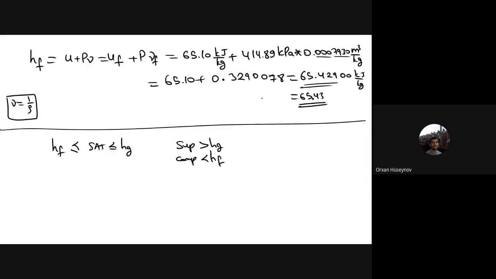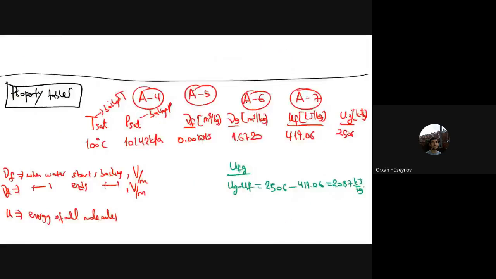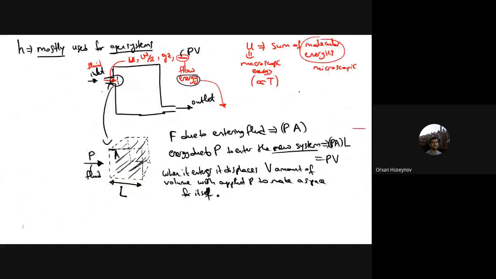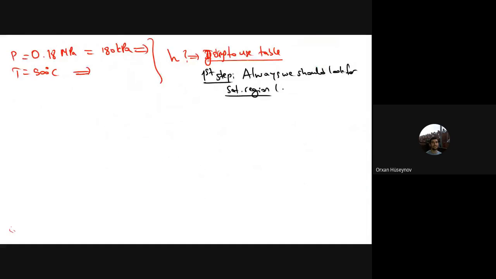Saturated region means the tables, I've written the number of the tables, A4 and A5 for water. Any of them is okay, but you should go to A4 and A5.